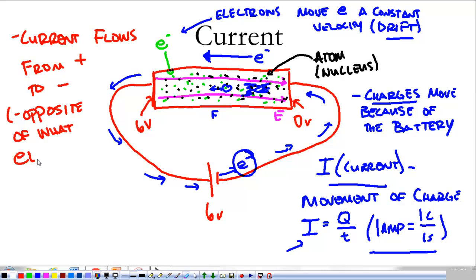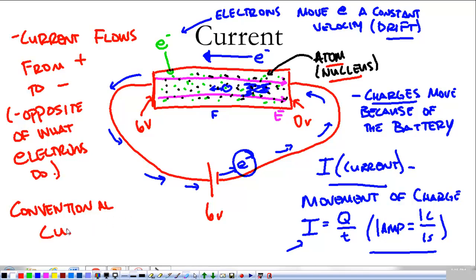It's opposite of what electrons do. Electrons, which are the things that actually move, flow from negative to positive. And all my positive particles, which are in the nucleus, stay still. This is something we just have to deal with. It's conventional current. And it's a convention that we're just stuck with.